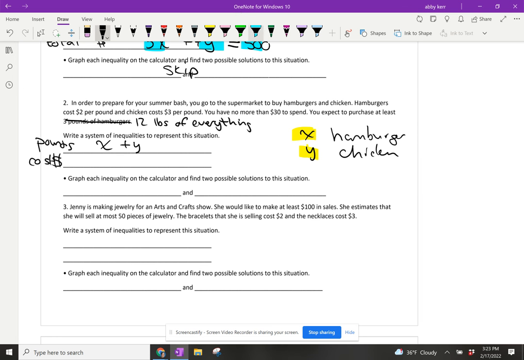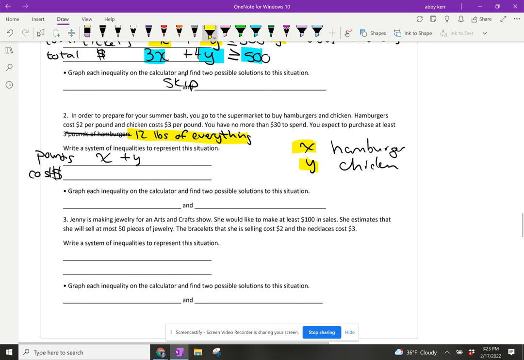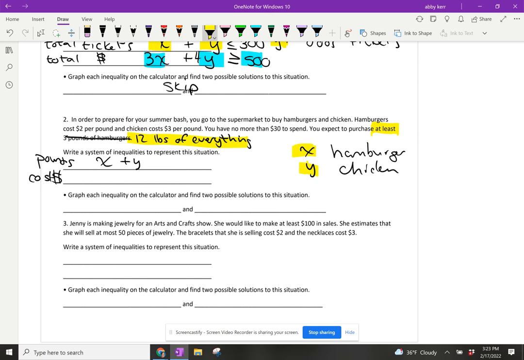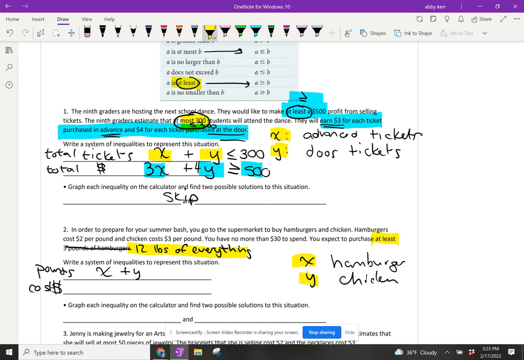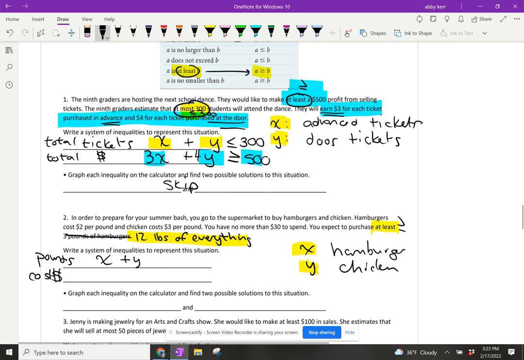So the total amount of pounds is 12. It says at least. What did we learn at least meant? It means greater than or equal to. So we know that X amount of pounds of hamburger plus Y amount of chicken is going to be greater than or equal to 12 pounds.